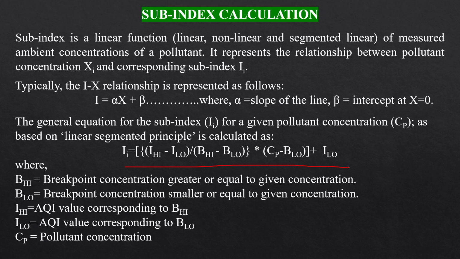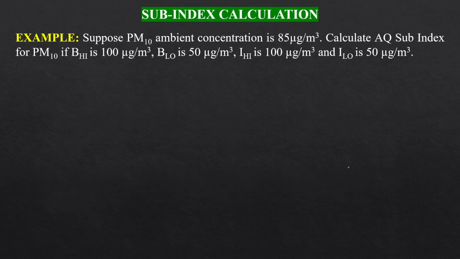I high is the air quality index value corresponding to B high. I low is the air quality index value corresponding to B low, and Cp is the pollutant concentration. So let's see an example. Suppose PM10 ambient concentration is 85, that is Cp is 85.